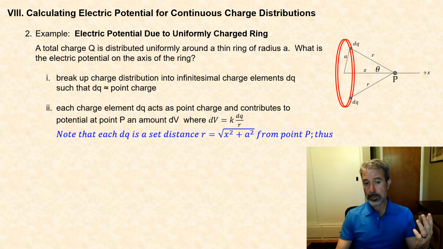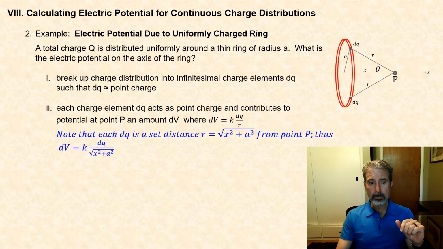As I've said, note that each dq is the same distance r, which from our figure is simply the square root of x squared plus a squared from point P. Notice that x and a are both constants. They do not change. They are not variables. Therefore we can write our expression for the infinitesimal contribution to the electric potential, dV, as follows.